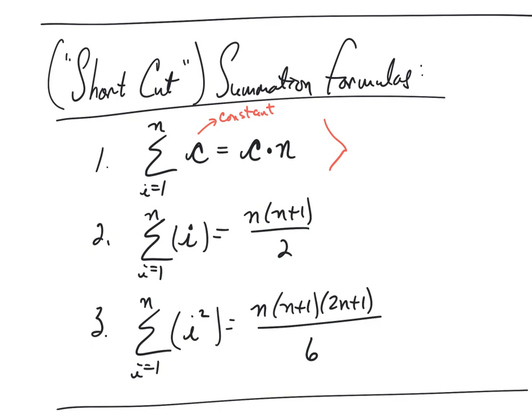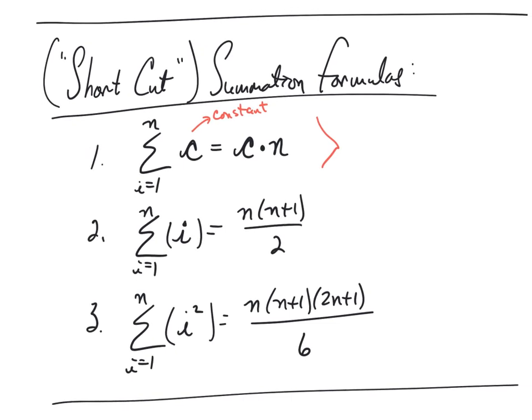And so when we have that situation, what that's going to be equal to is just whatever the constant is, multiplied by n, where n is the upper limit of summation, the top value. Okay? Then another formula is if we have the summation from I equals 1 to n of I, right?